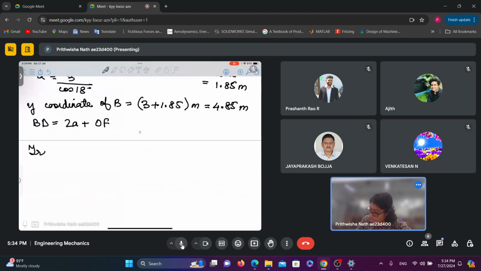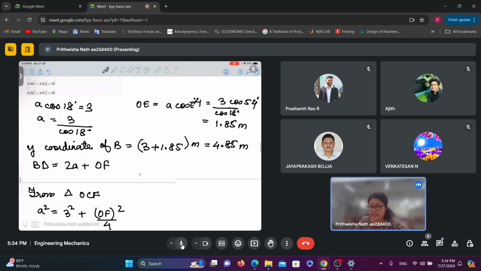Now from triangle OCF, I can write this as A square equals 3 square plus half of OF square, sorry. Did everyone understand why I wrote this?